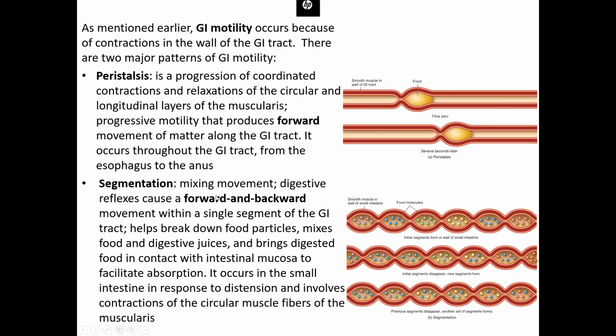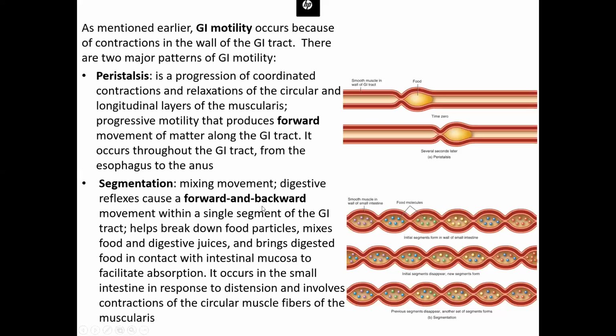Segmentation, however, is actually a form of physical mechanical digestion because it is going to cause food to go both forward and backward, because there are contractions taking place at various segments of the tract. Basically, it's an alternation between contraction and relaxation, like this segment here, which is relaxed, and then later on, it's contracted and it's relaxed again.